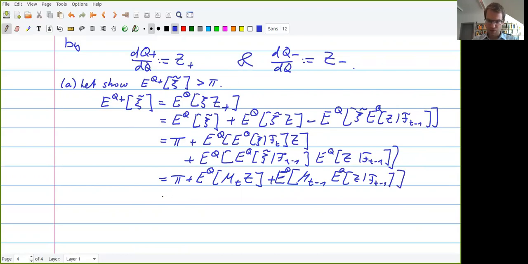And now I put these terms together so that I have pi plus the expectation under Q of delta. I put these two together by conditioning again, I can pull this out and get rid of this conditional expectation, and I'm left with that.